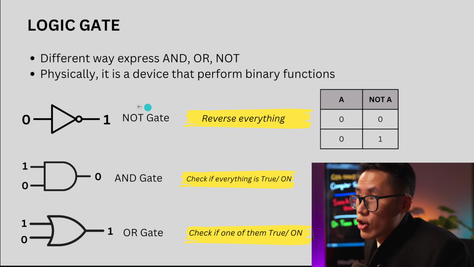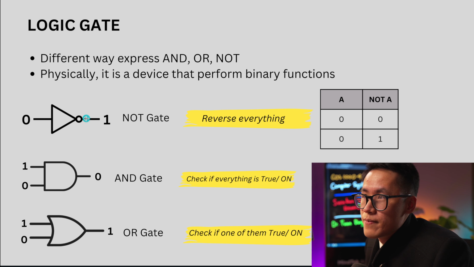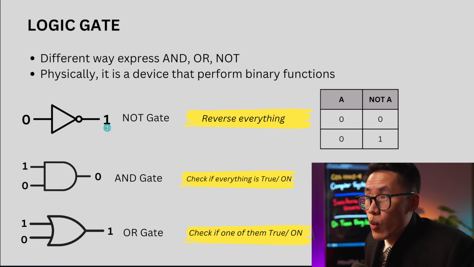Let's have a look at the NOT gate. You can draw it as a triangle with a little circle. From 0, if I make it go through the NOT gate, the result coming out of the gate would be 1. This NOT gate will reverse everything.